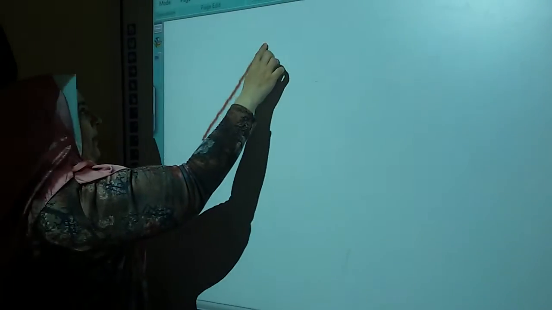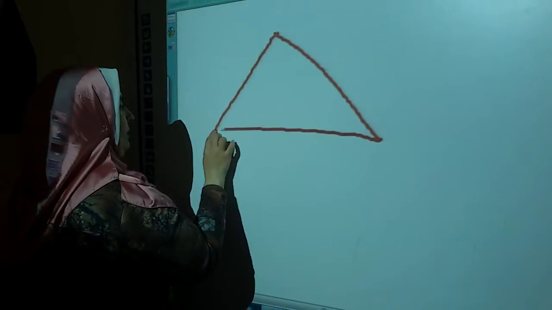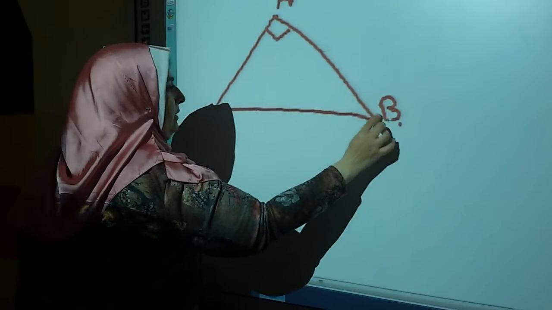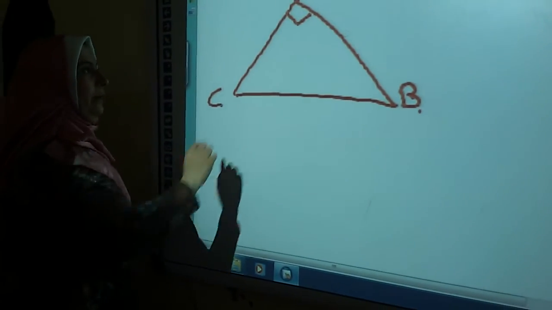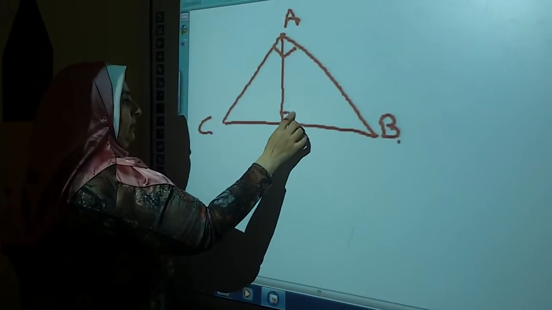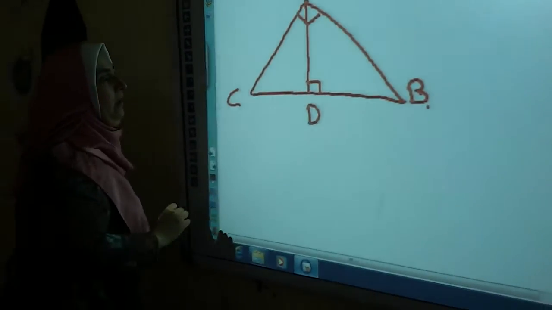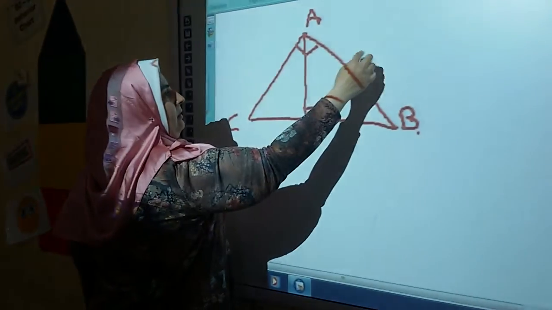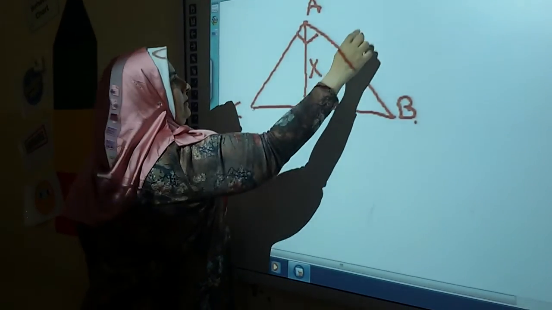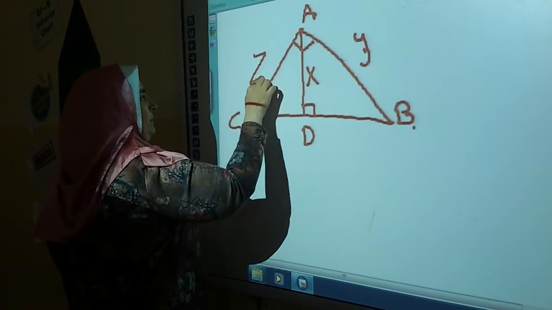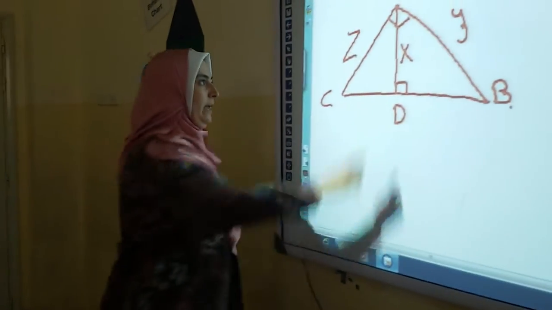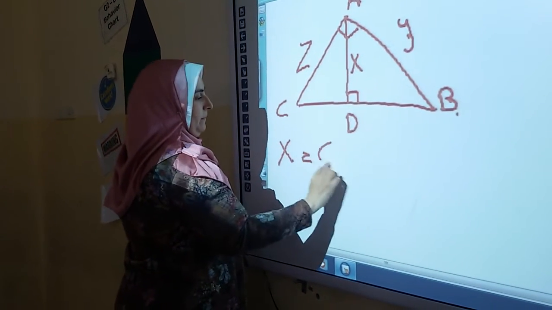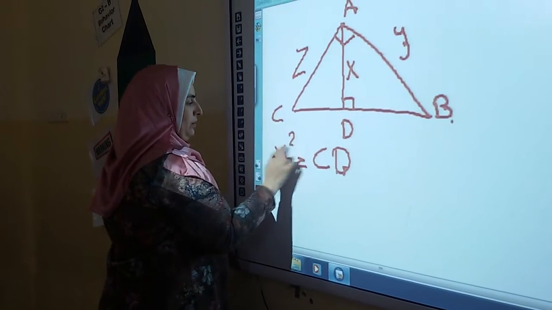Here, if I have a right angle triangle like this, which is A, B, C, and another right angle here, D. If I want this, which is X, and this is Y, and this is Z, what's going to be? X power 2 equals CD times DB, of course.